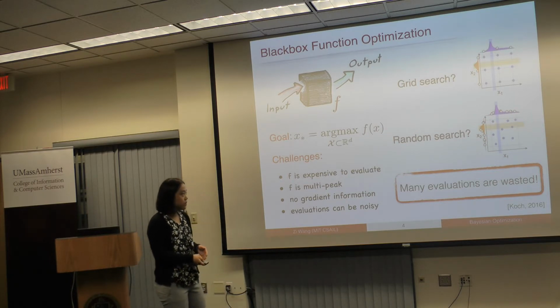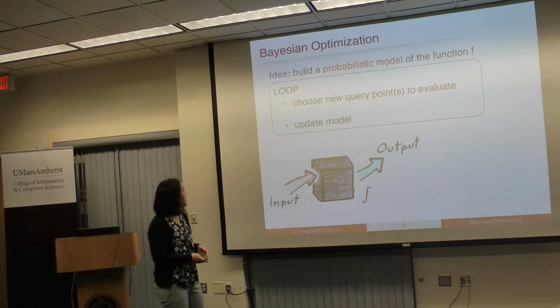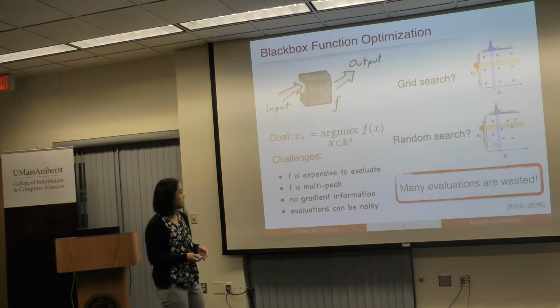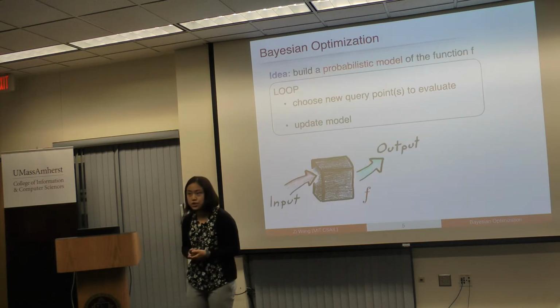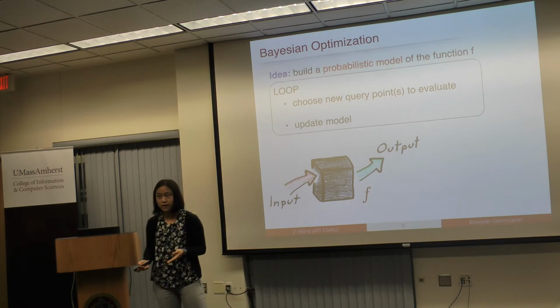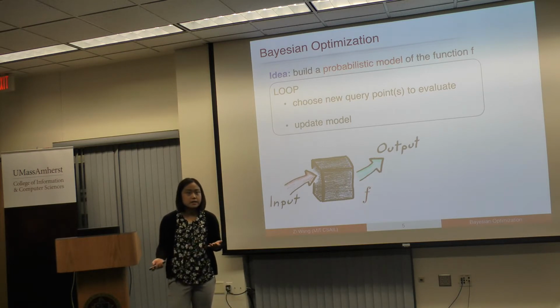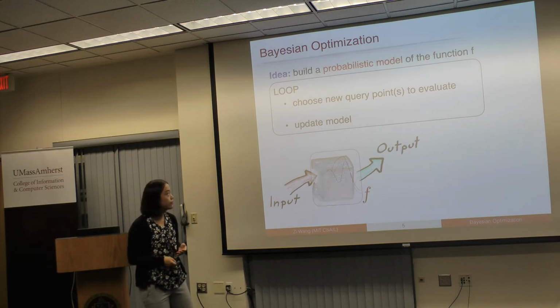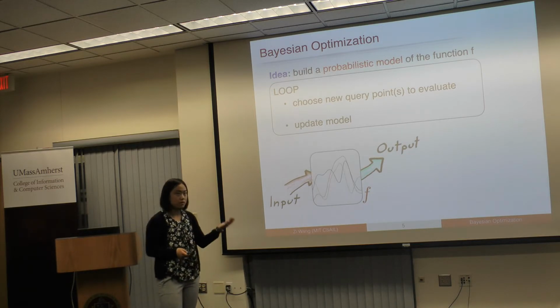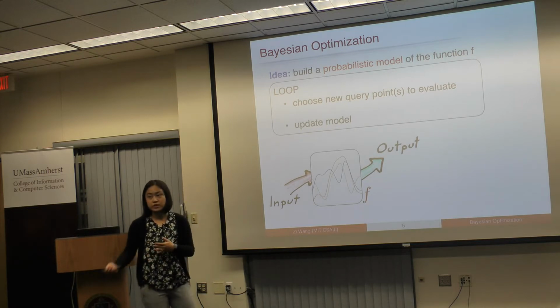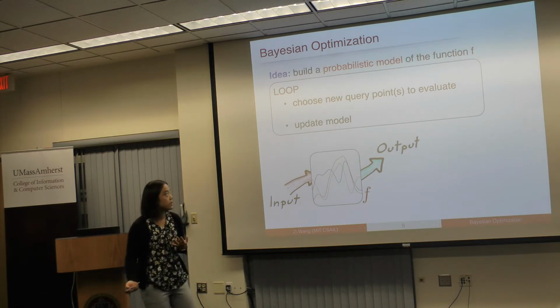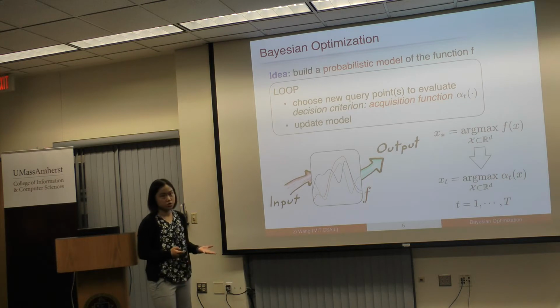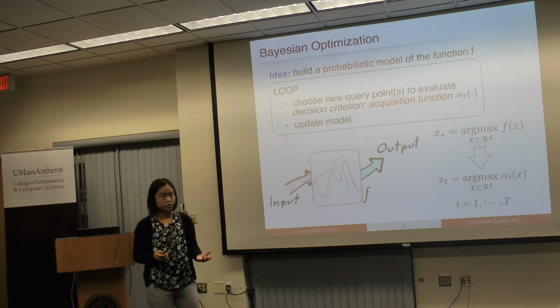All right, so to do this task, one very popular approach is called Bayesian optimization. The key idea here is that we're going to build a probabilistic model for our function f. Then, in order to iteratively decide where to evaluate, we make the decision by evaluating a function called the acquisition function.